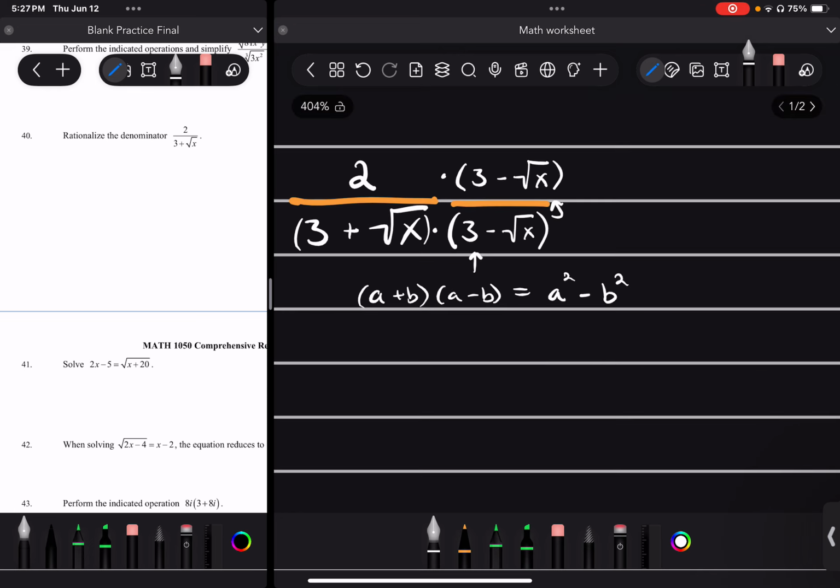On the numerator, we have 2 times 3 minus root x. And on the bottom, we get to do a cheat and skip over some stuff. We know that we have a squared. So if you think about it, a is a 3, and we're going to square that. The minus comes from the formula itself.